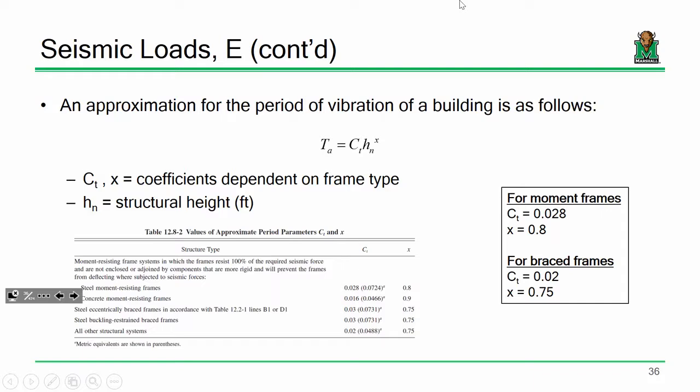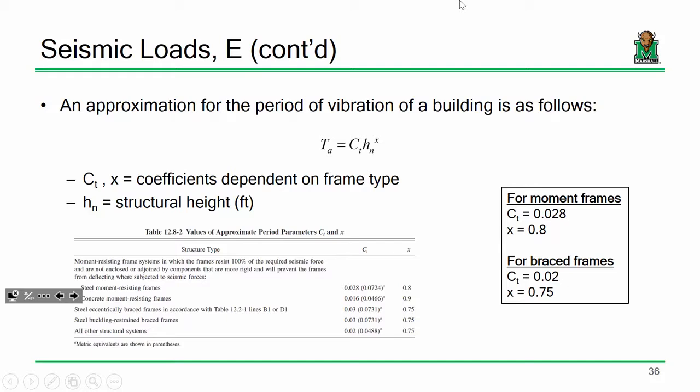There's a very nice plug and chug expression that we can use, and this comes from doing a lot of analysis and data assessment on brace frames, moment frames, et cetera. This is a formula for the approximate period of vibration, T sub A, and it's basically a function of the height of the building, H sub n, how tall the building is, and two constants, C sub T and X. They depend on the type of building you're looking at.